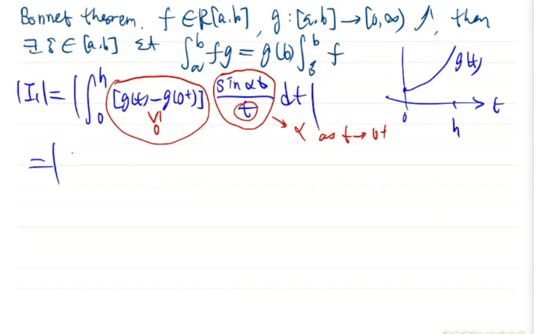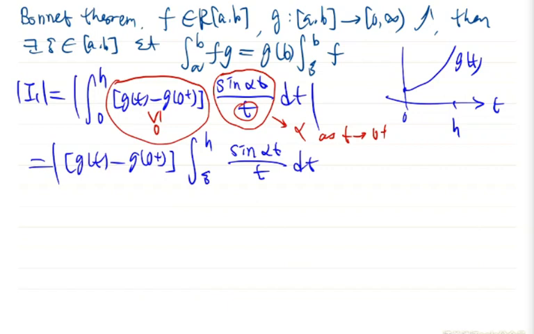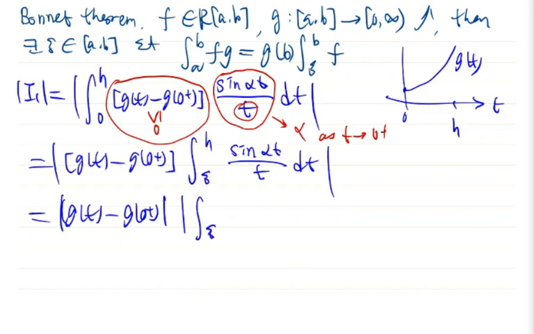So for this integral we can apply the Bonnet theorem and obtain that this is equal to g(h) minus g(0+), times, for some c, the integral from c to h of sin(αt)/t dt. This is precisely g(h) minus g(0+) times the absolute value of the integral from c to h of sin(αt)/t dt.